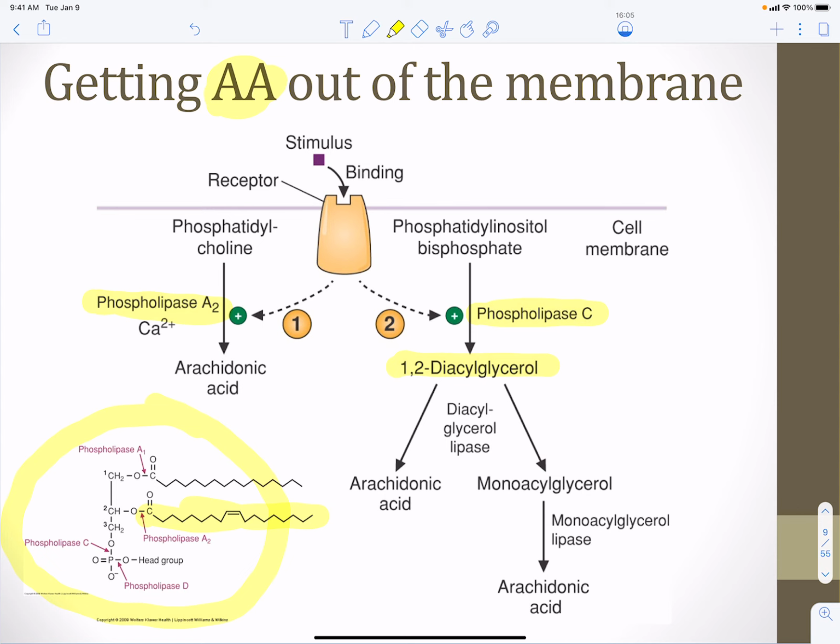And in the cell you have diacylglycerol lipase, and this can generate arachidonic acid. It'll also generate monoacylglycerol, and then this can generate through a monoacylglycerol lipase arachidonic acid as well. So in essence, your cells have a few ways to tap into different fats in the lipid membrane, whether it's a TAG or a phospholipid, or whether it's specifically phosphatidylinositol, and you can break those down to get at your arachidonic acid.